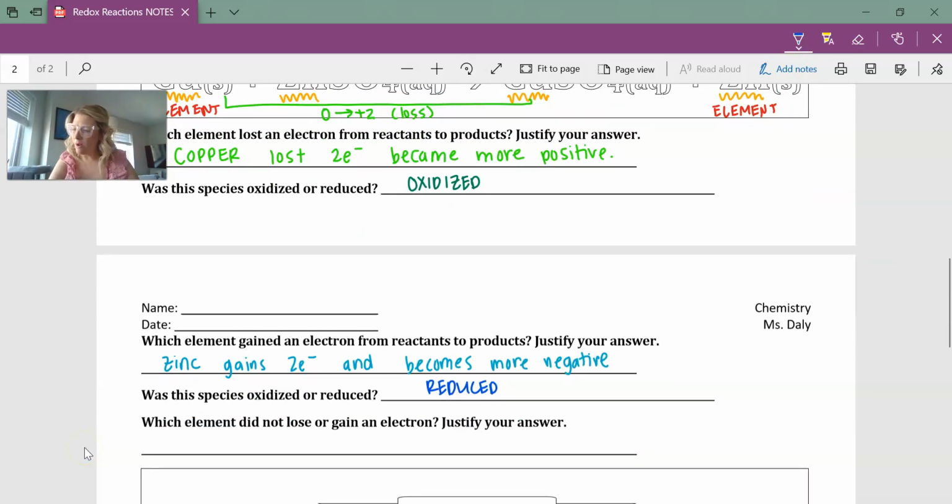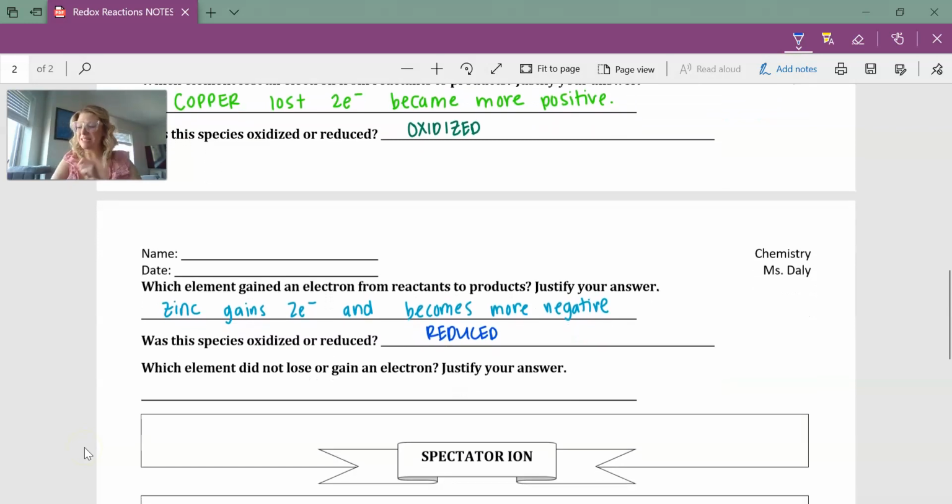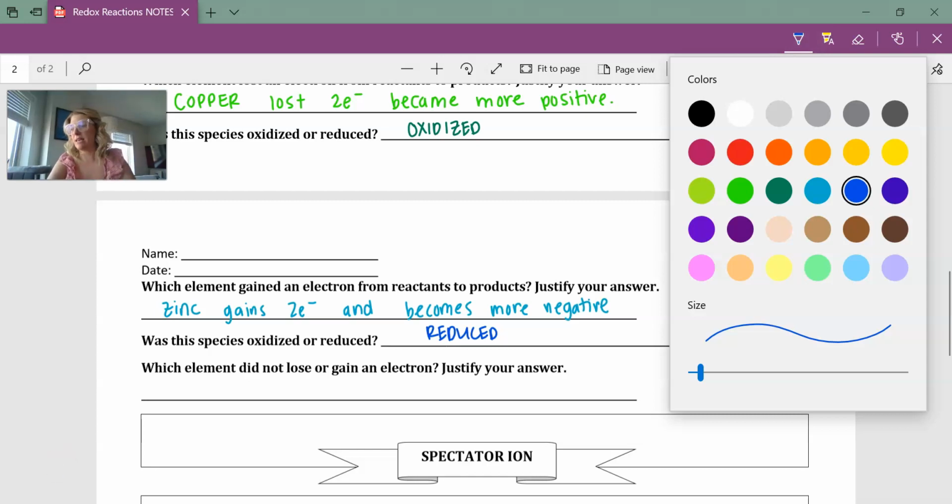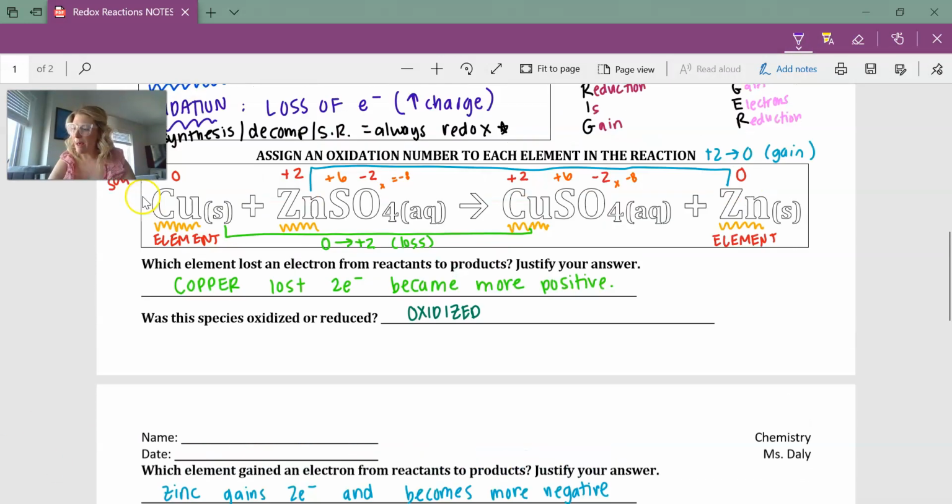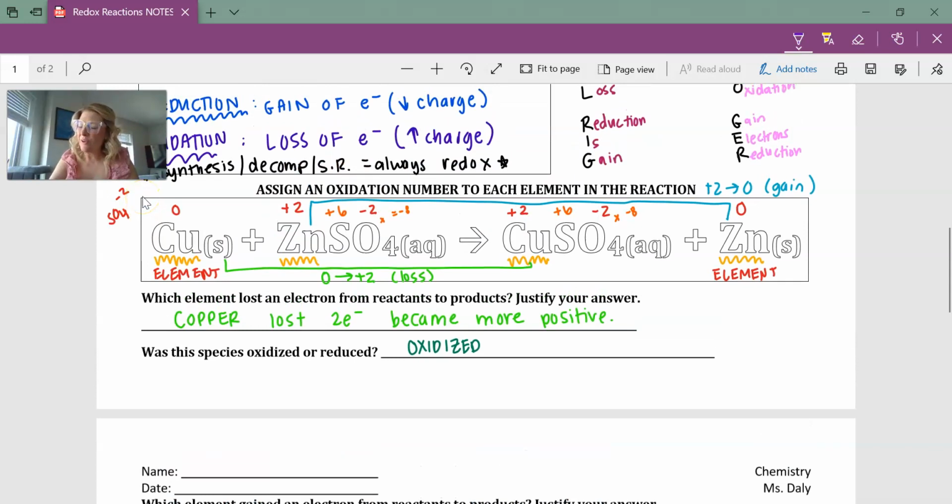Excellent. All right, so which element did not lose or gain any electrons? There's actually 2 in this case. If we pop back up, sulfur and oxygen, or that sulfate ion, actually does not gain or lose any electrons.